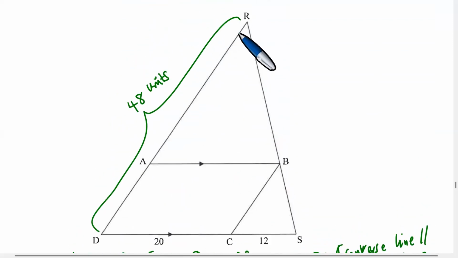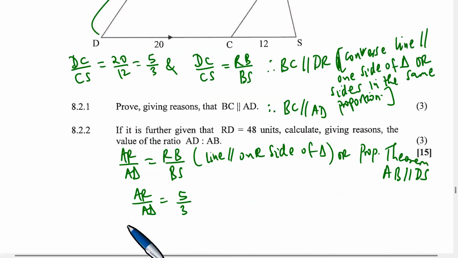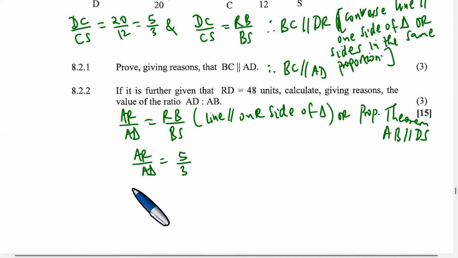If I want to find AR, I can just say the whole of 48 minus AD. So AR here is 48 minus AD. We divide everything by AD, which is 5 out of 3.